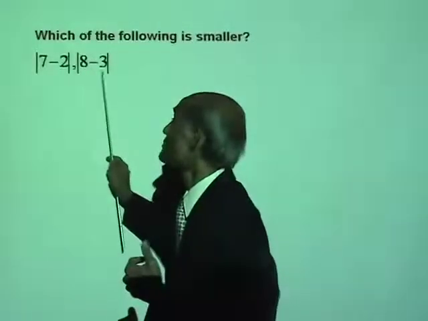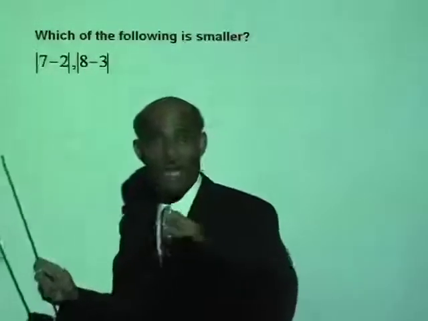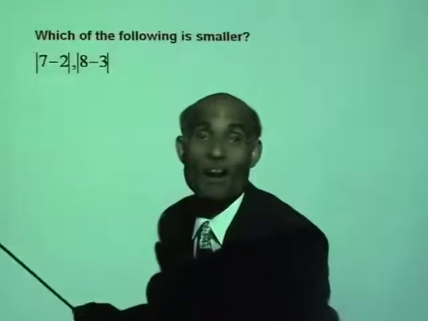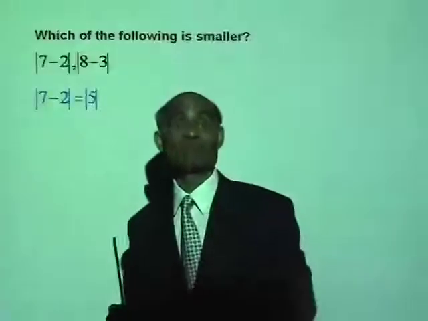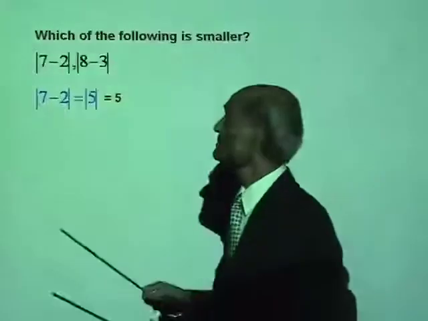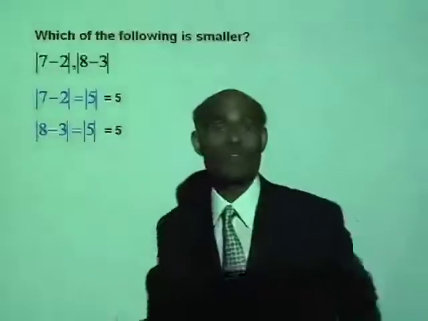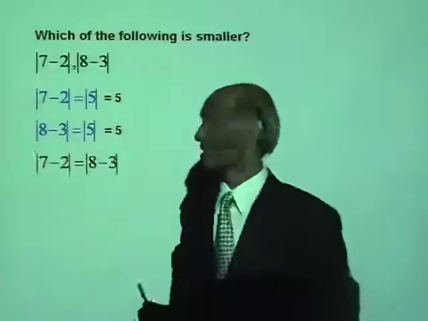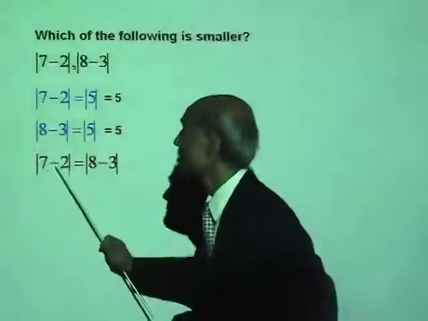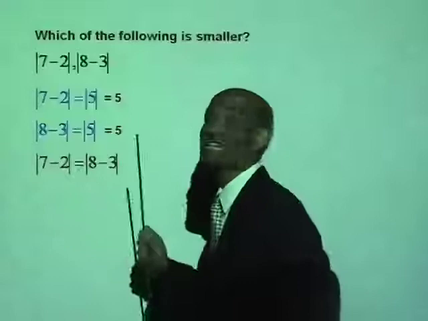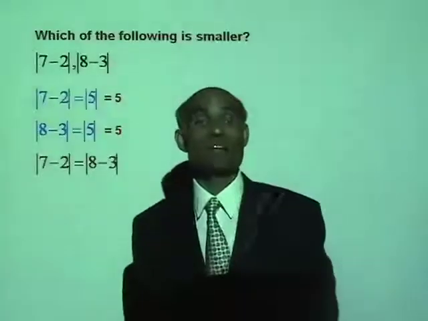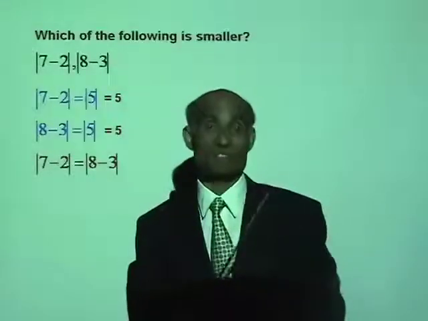Similarly, 8 minus 3 is 5. Absolute value of 5 is 5. Here you are. That means they are both equal, right? That's right. So absolute value of 7 minus 2 is equal to absolute value of 8 minus 3.